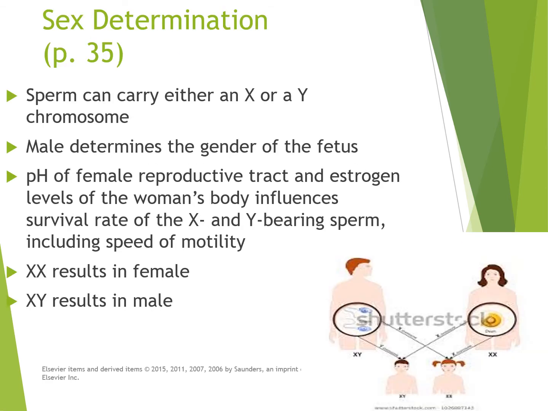Okay. Sex determination. There's more to it than we first thought, but the main premise of sex determination is the X's and the Y's. Sperm can carry either an X or a Y chromosome. The male determines the gender of the fetus. The pH of the female reproductive tract and her estrogen levels also influence the survival rate of the X and Y bearing sperm.